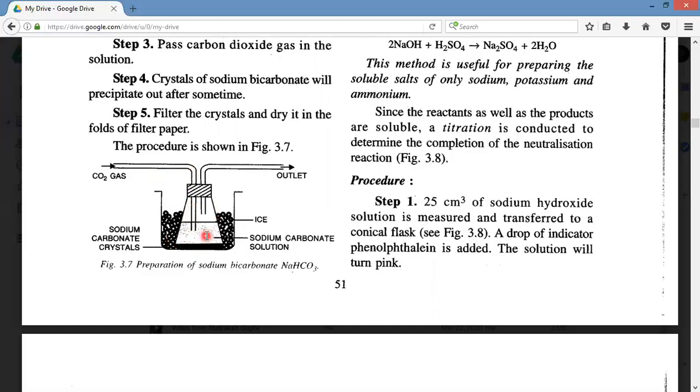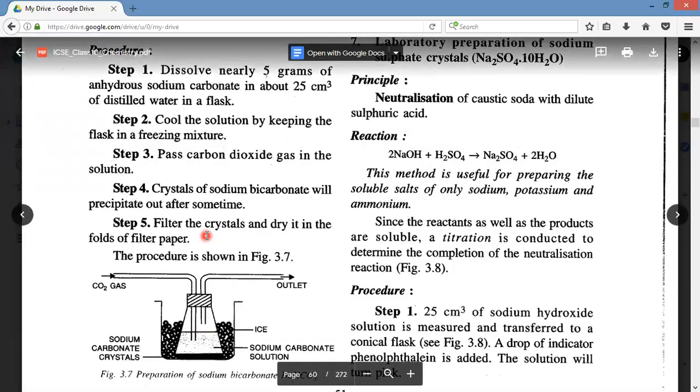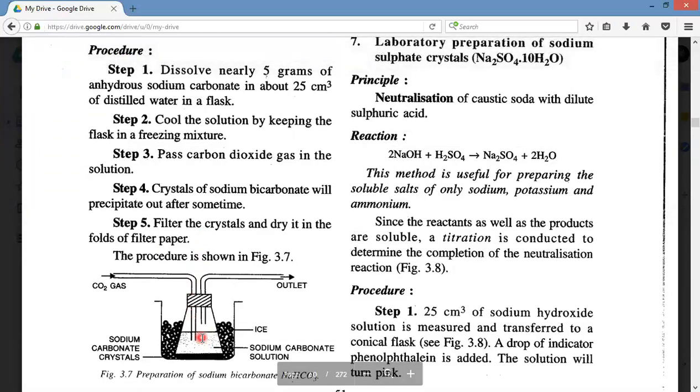Ice is present outside as a freezing mixture, so that we can cool it properly. Sodium carbonate reacts with the water and carbon dioxide, leading to the formation of sodium bicarbonate, which can be collected afterward.